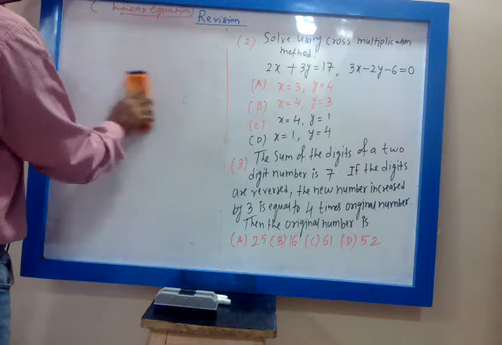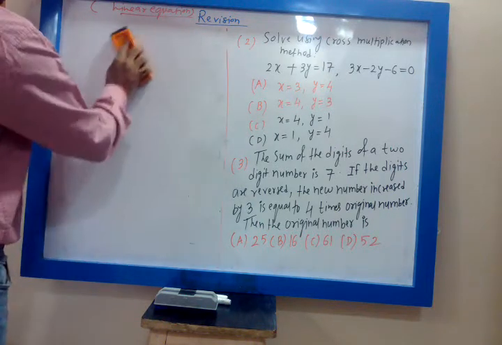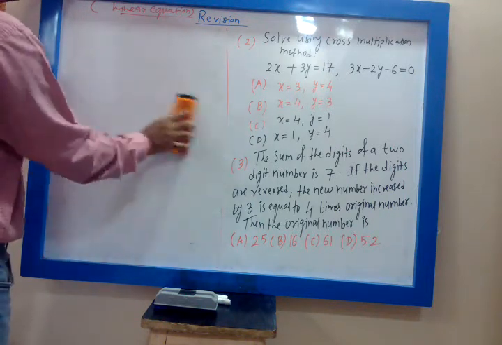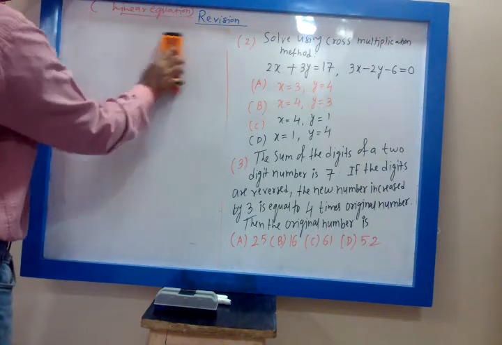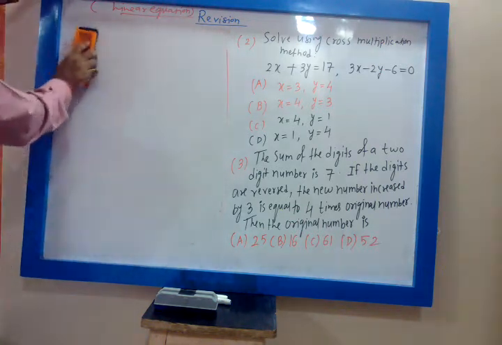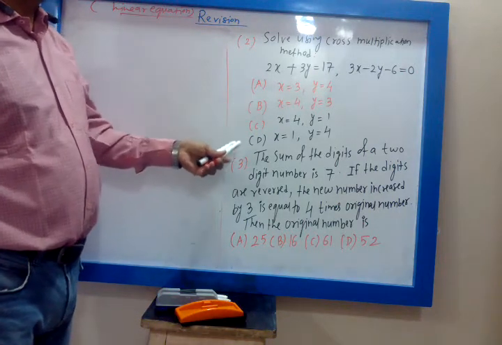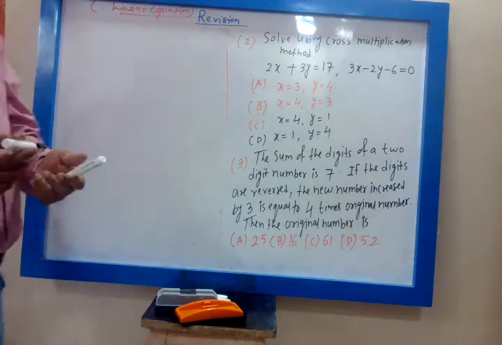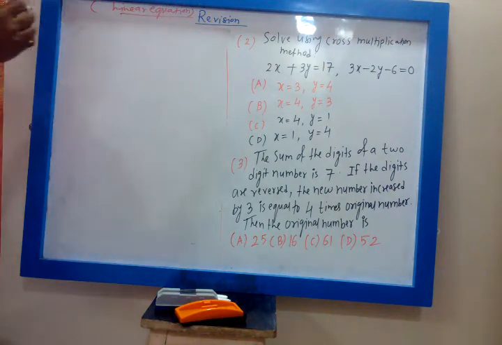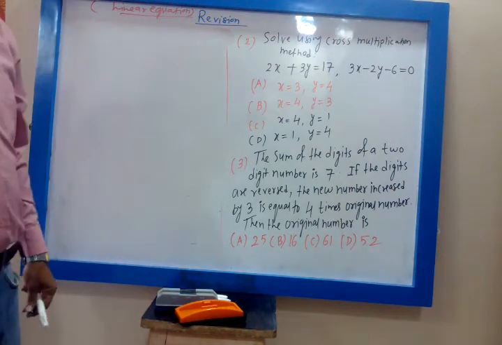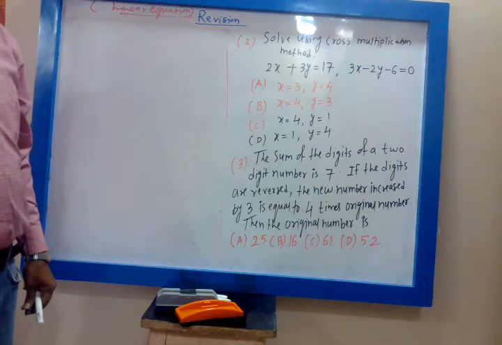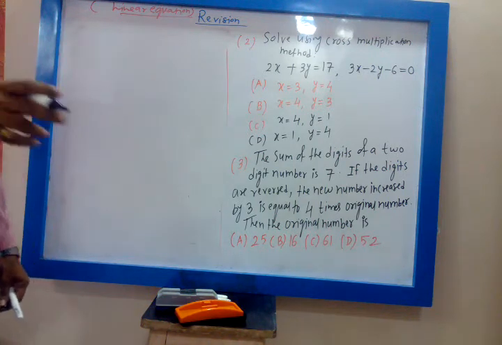And this you have to solve using the cross multiplication method. Suppose this question is there in the subjective section, then you have to use the cross multiplication method. In the cross multiplication method, we write both linear equations in which form? a1x plus b1y plus c1 equal to 0.